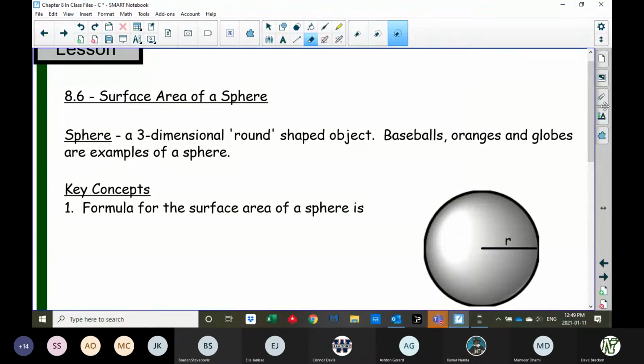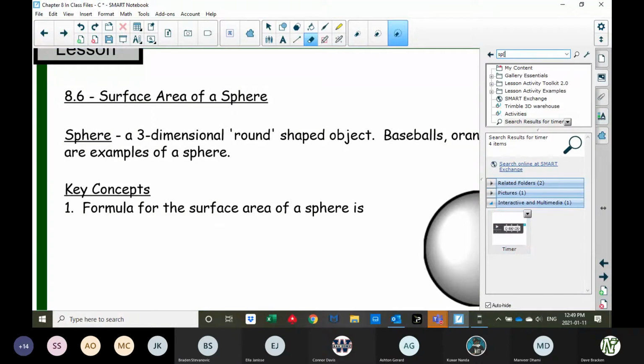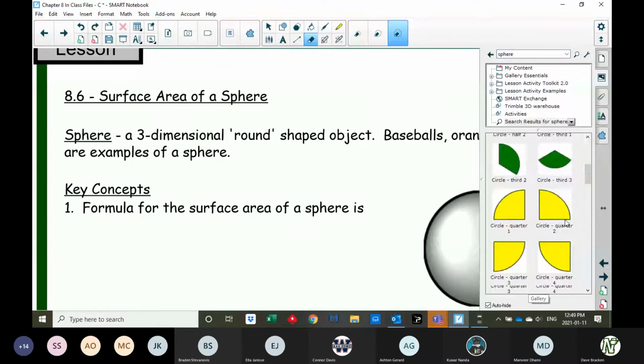So in a sphere, and I'll see if I can get one that looks three-dimensional. Right here, let's say.